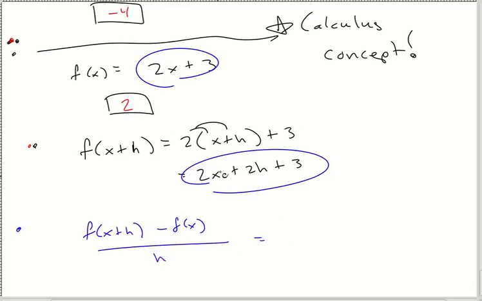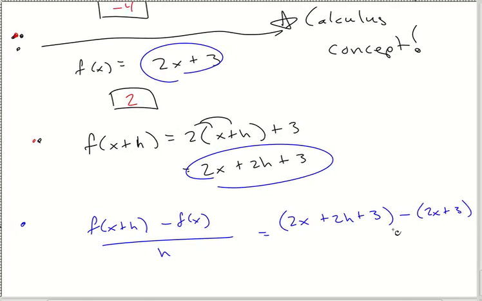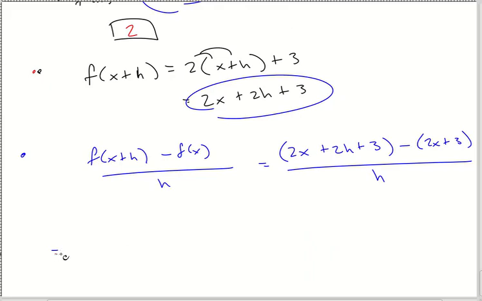So here we go. This first entity, 2x plus 2h plus 3, subtracted by this guy. I'm going to put parentheses just because I'm that kind of guy. You kind of need parentheses over there. And then divide everything by h. You don't need parentheses for the first thing, but you would need to distribute your negative sign for the second one.